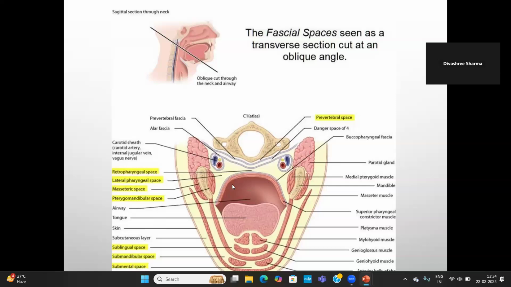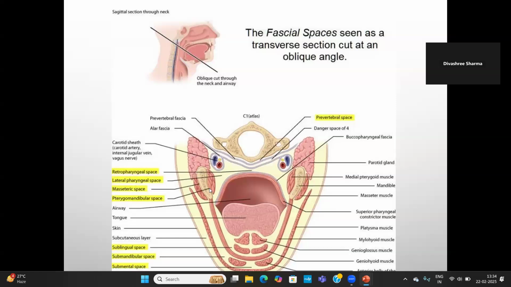This is the superior pharyngeal constrictor muscle, and this is a layer of the buccopharyngeal fascia. Now, as we read yesterday, the pterygomandibular space is the space between the medial pterygoid muscle and the lingual surface of the mandible.